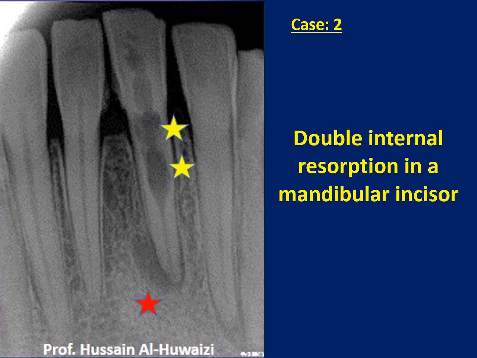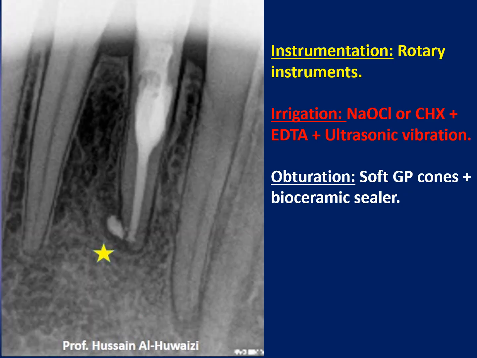Case 2, a double internal resorption in the mandibular incisor associated with a periapical lesion. Now here we have to be very careful because after endodontic treatment, the tooth becomes quite weak, and we have to tell the patient to be very careful with this tooth.